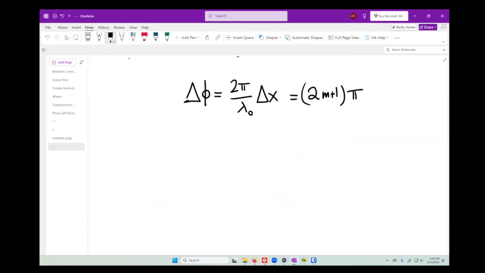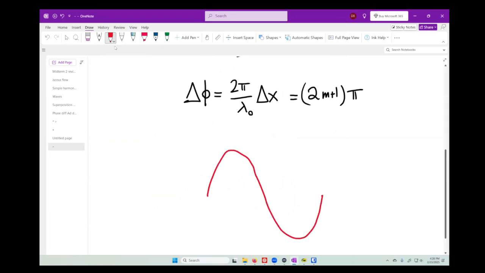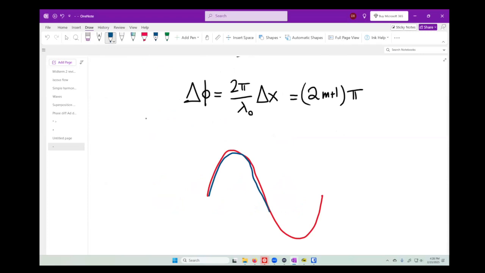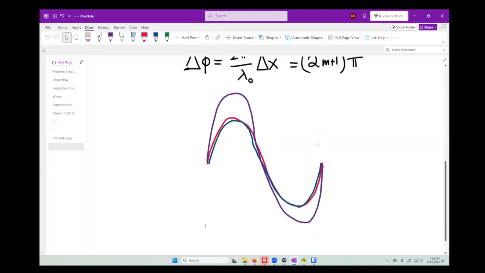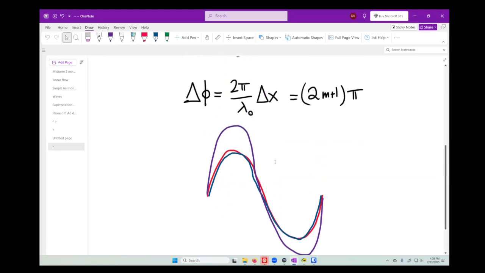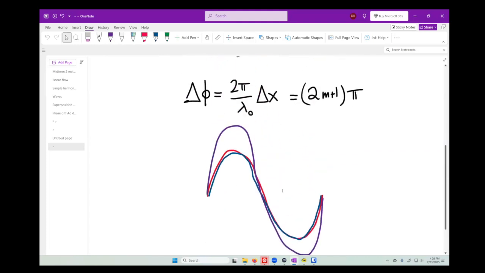Constructive interference means that the two waves are lined up with each other like this. So when we add them together, we get something with a larger amplitude like this. They have to be exactly lined up like this in order to have constructive interference. There's never going to be a point where you have constructive interference and the waves aren't lined up with each other.